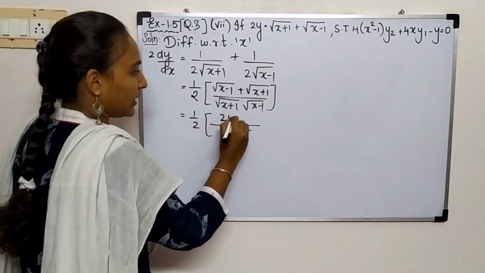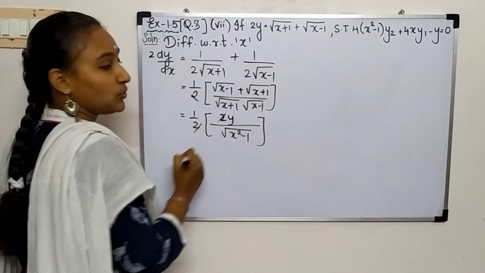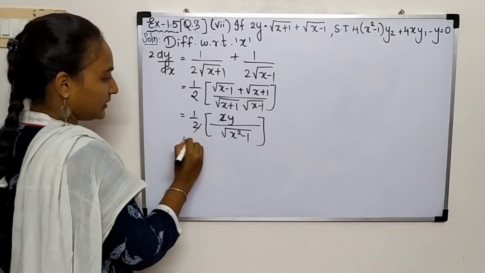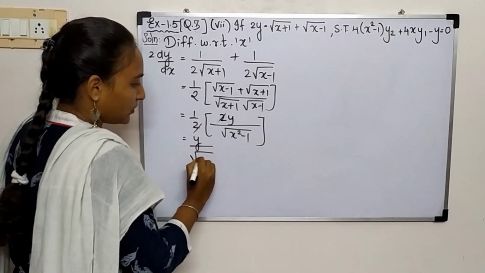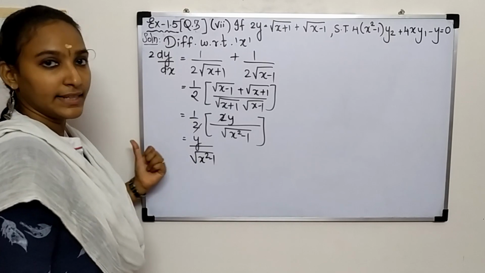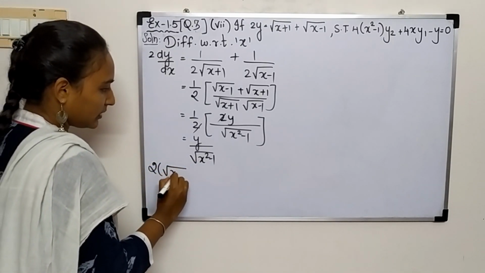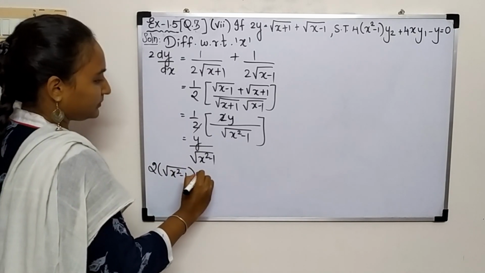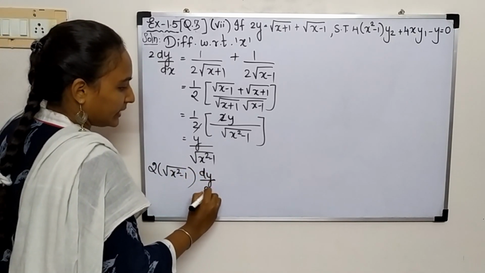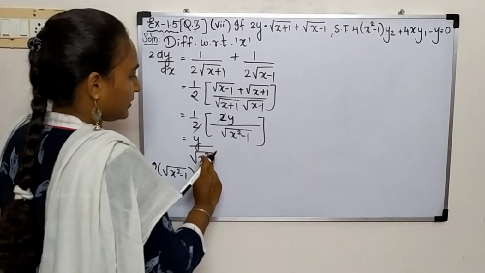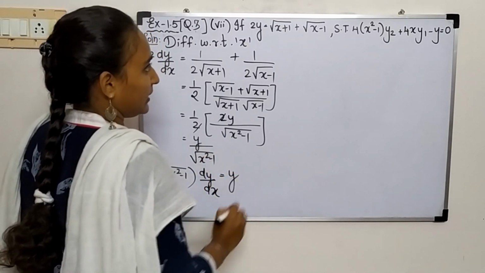So write 2y. 2 and 2 will get cancelled. You will be left with y upon root x square minus 1. Let us cross multiply this. So this is 2 root x square minus 1 dy by dx equal to 1.